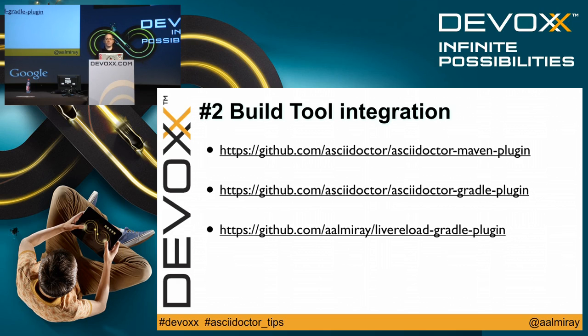This is where information such as the current build number, or maybe the author, or maybe some environment variable such as the current date and time, something that lives completely outside of the document. Well, if you integrate your documentation with one of these build tools, then you can make it happen.